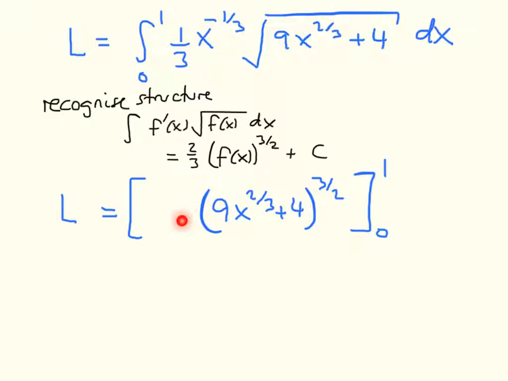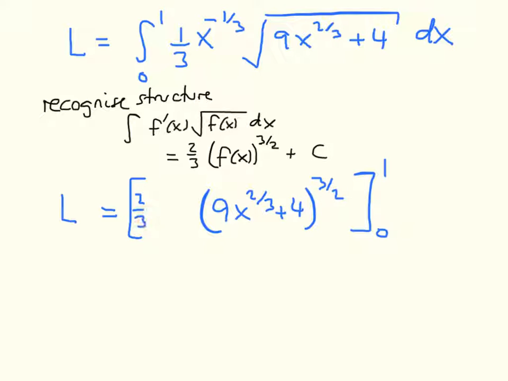And again, I've deliberately left a space here because I'm going to have to put some numbers in here such that when I differentiate this, I get exactly this. So what do I need? Well, if I differentiate this to the power of 3 halves, I'm going to bring down a factor of 3 halves. I don't want that factor of 3 halves, so I'm going to put a factor of 2/3 immediately there, so that that will cancel with this.